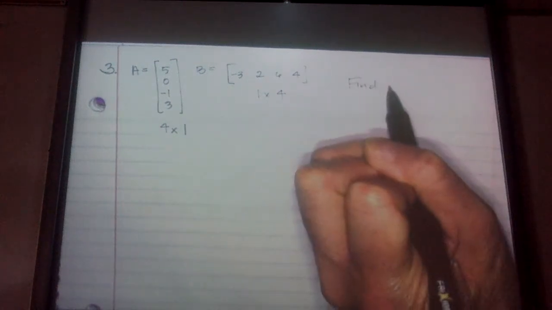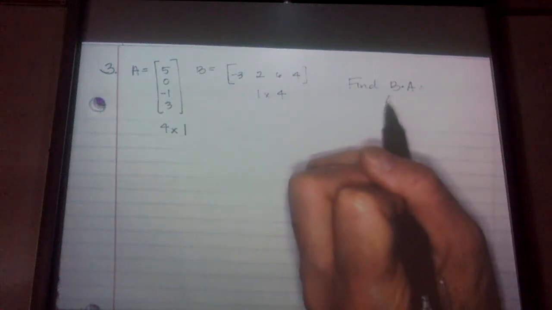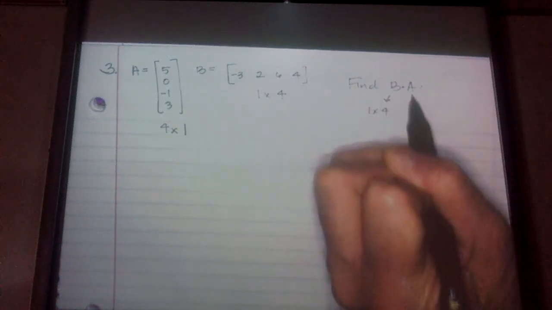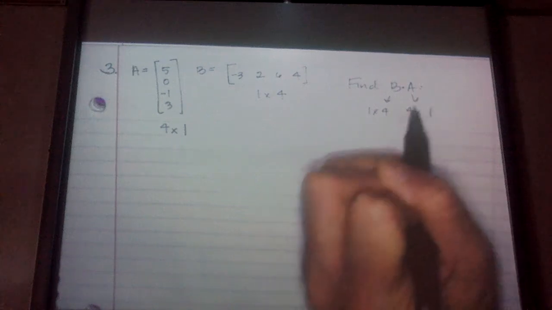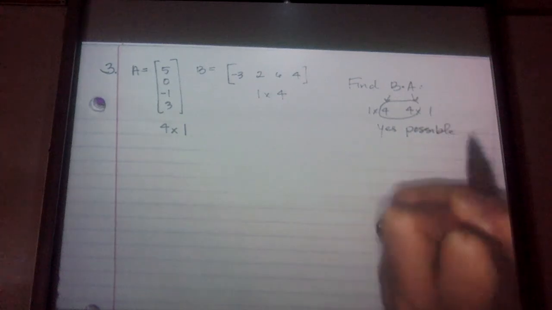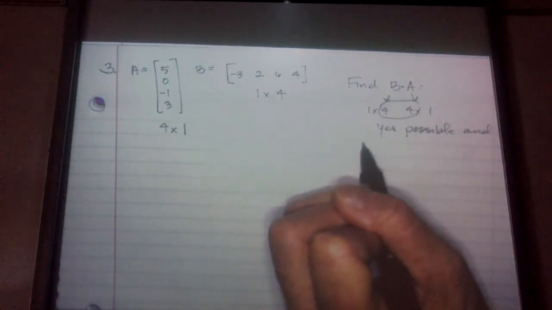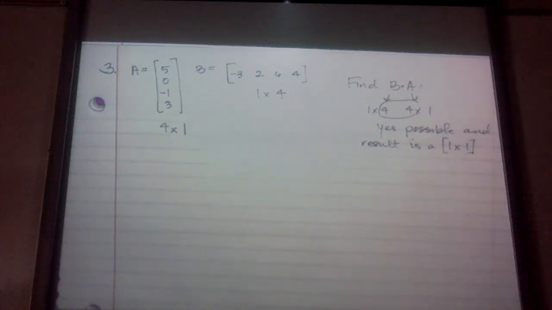So they'd like us to find B times A. So if I was to find B times A, B is a 1 by 4, A is a 4 by 1. So yes, possible. And the product or end result is a 1 by 1. Now that's crazy, that the answer to this is going to be a 1 by 1.